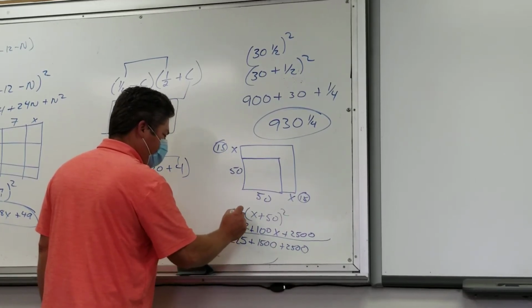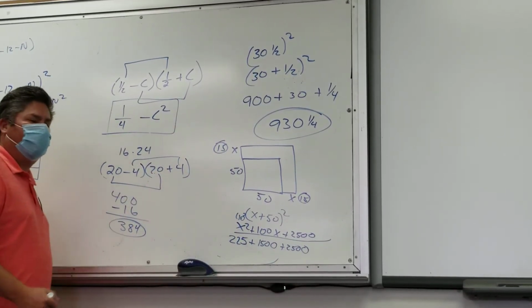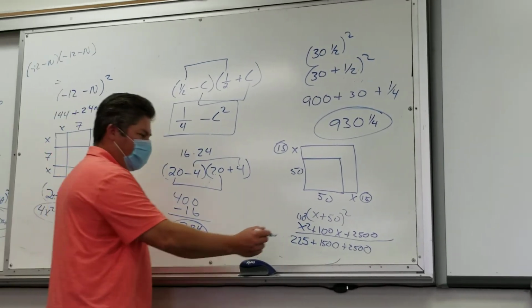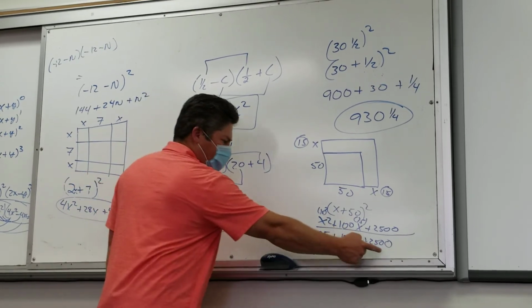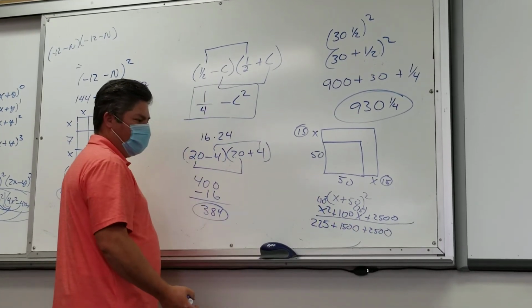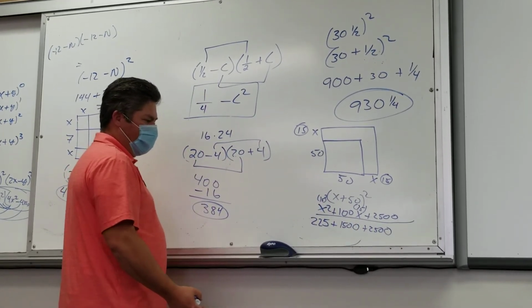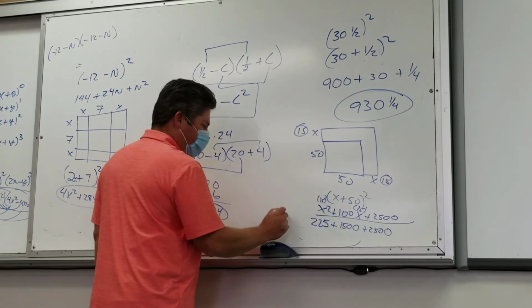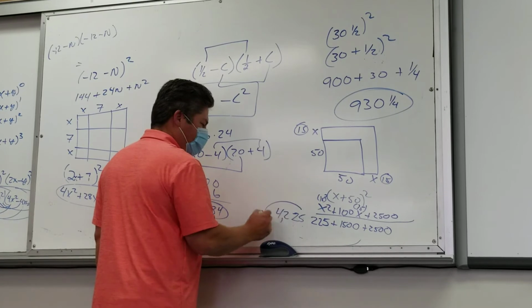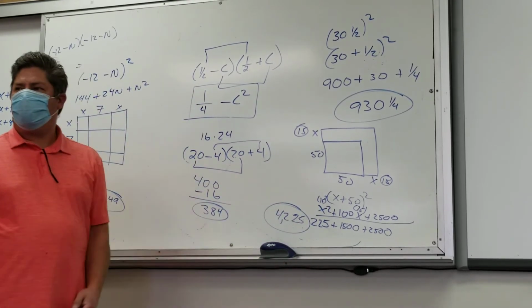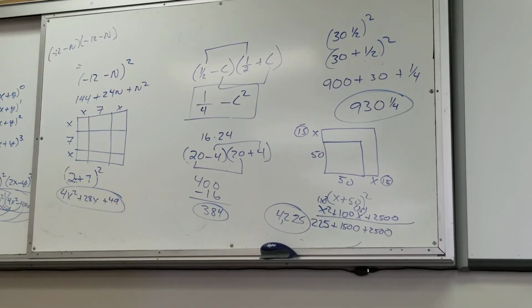This was 15 squared, that's 225. I'm just putting 15 in everywhere. Add all those together, what do I get? 2,500 and 1,500 is 4,000, plus 225, so 4,225 square feet. That's the answer on that.